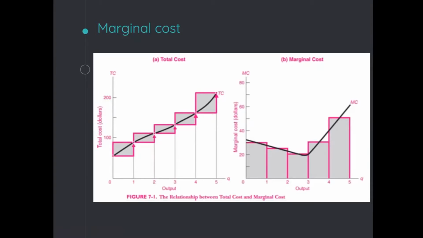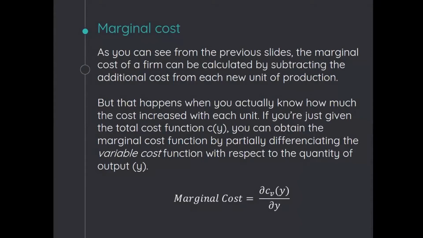Actually, the marginal cost is, as it implies in its name, the cost in the margin of the total cost. And this implies that it is the derivative of the total cost function. The way you calculate the marginal cost of a firm is by taking the first order derivative of the total cost function.